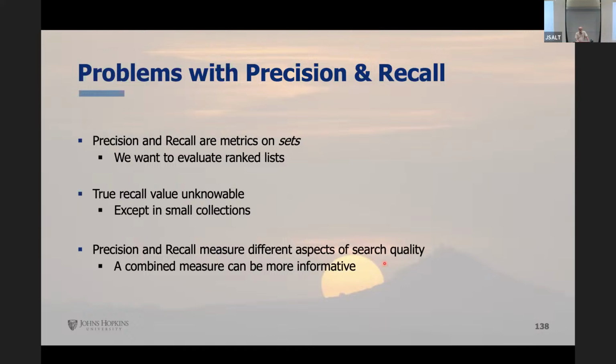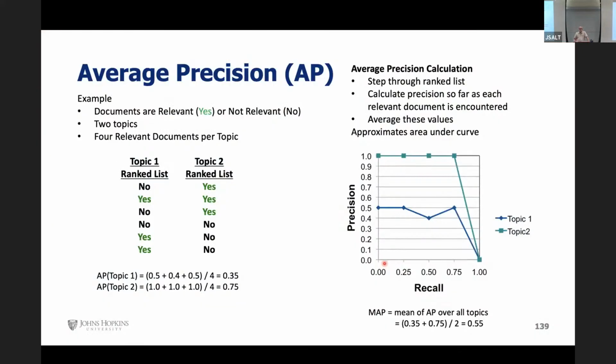They're measuring different aspects of retrieval, and so some sort of combined measure can be more effective. So here are the combined measures that are typically used. Mean average precision. Average precision is the average precision of your ranked list as you look deeper and deeper in the ranked list.